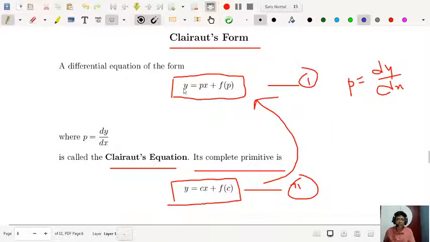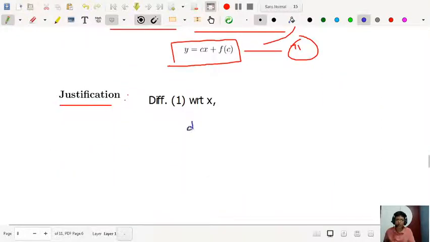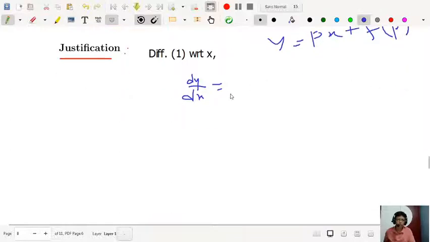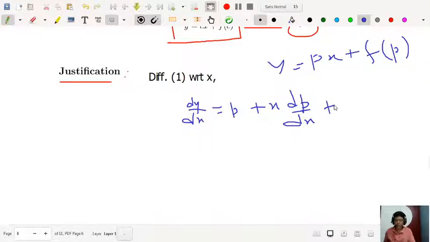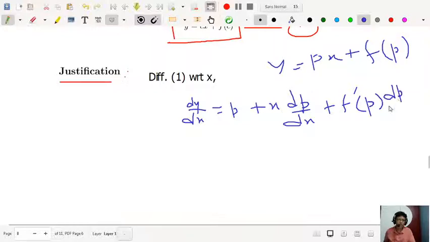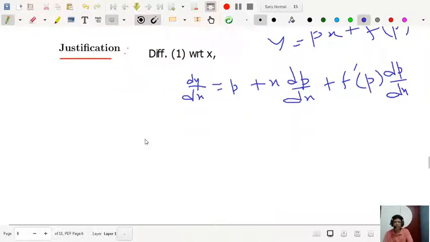So if you differentiate, your left hand side will be dy/dx, equal to, on the right hand side, your equation px + f(p). So dy/dx is equal to p plus x dp/dx plus f'(p) dp/dx.